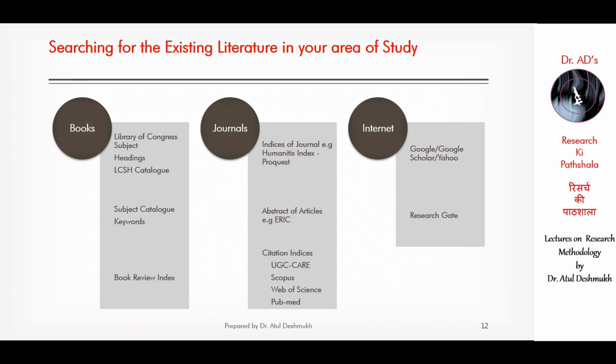Generally, such books are available in academic libraries, college libraries, university libraries. So we have libraries related to our academic program, our academic school. In those schools, we have reference books as well as conventional books. Both kinds of books are available.